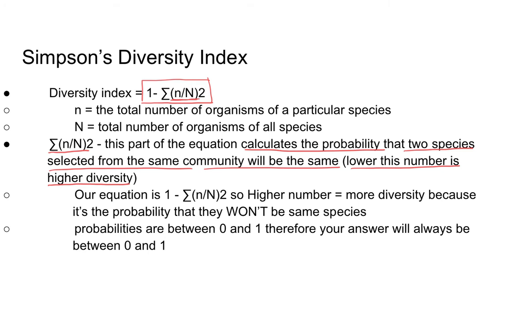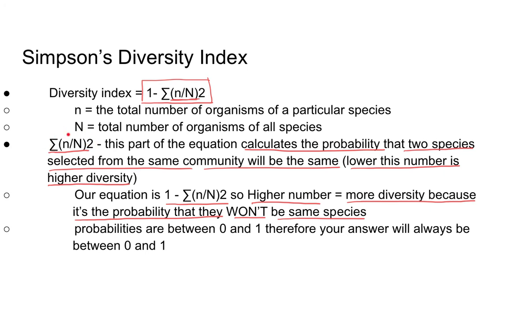So again, this is your full equation. Now, once you work out that final number, the higher the number, the more diversity, because you're looking at the probability that they won't be the same species. Okay, so I know that sounds a little weird, but remember, I'm going to switch to my laser pointer. When I talked about this part, I was only talking about a small section of the formula.